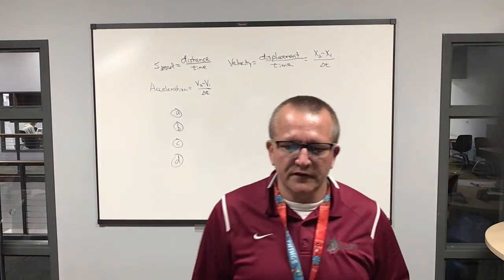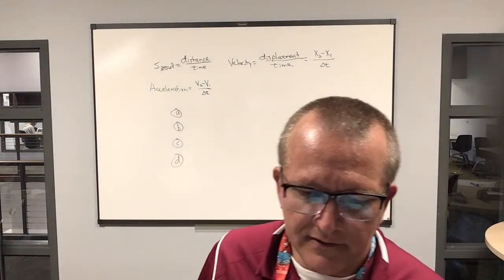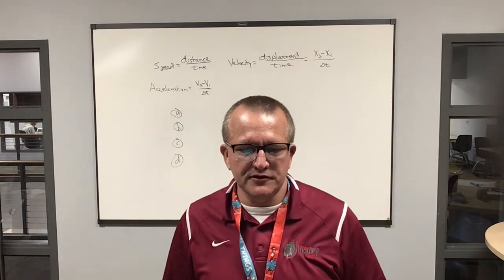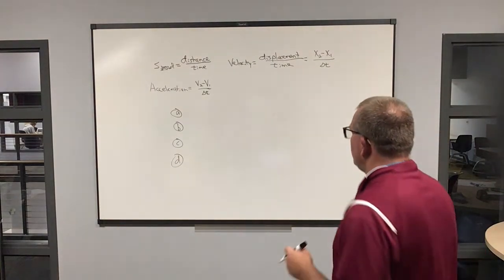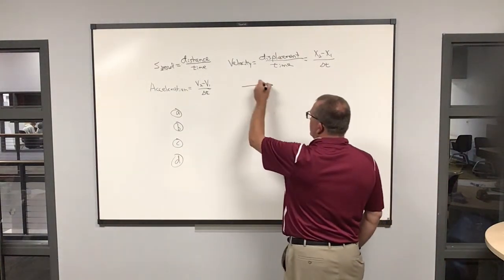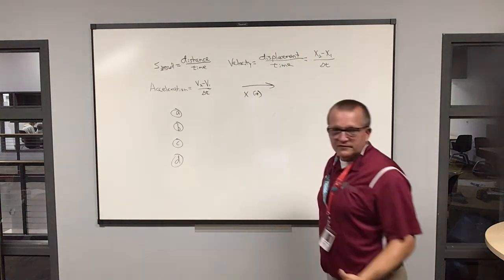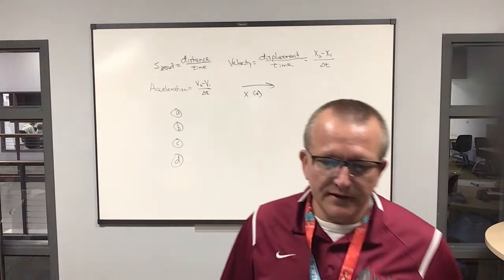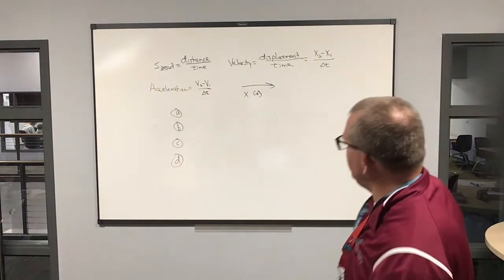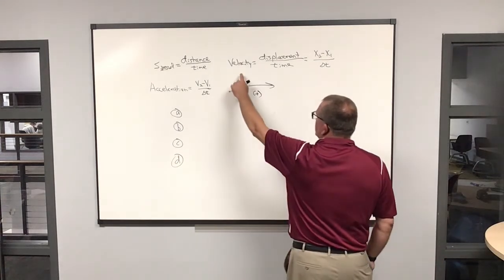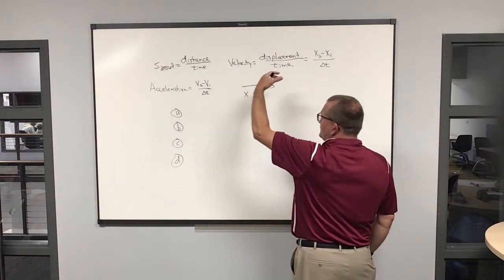All right, so a car moves along the x-axis. What is the sign, so negative or positive, of the car's acceleration if it is moving in a positive x direction? So we're going this way. All right, so x, and it's positive. And it says A, increasing speed. So that means our speed is going from here to here. It's increasing, all right?